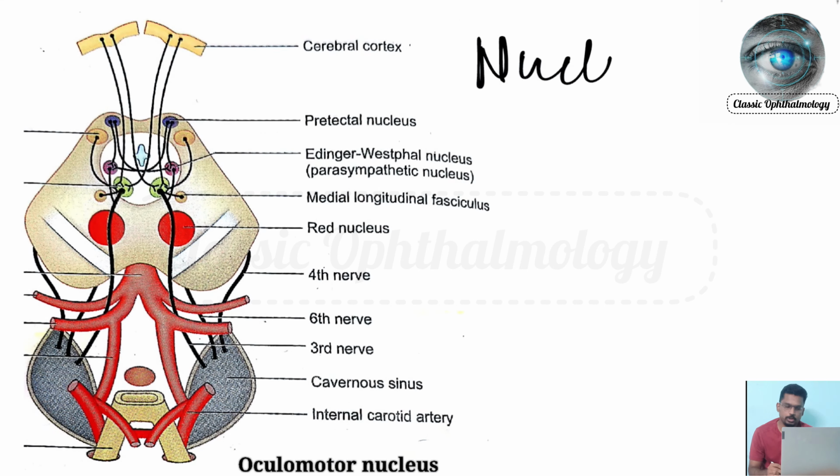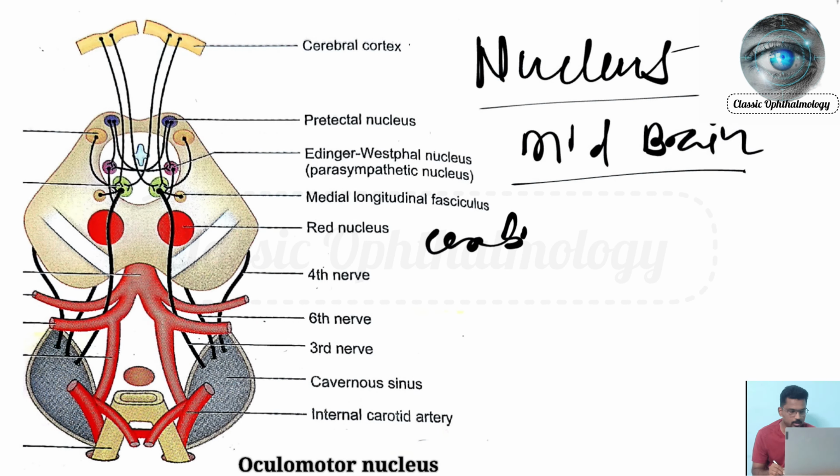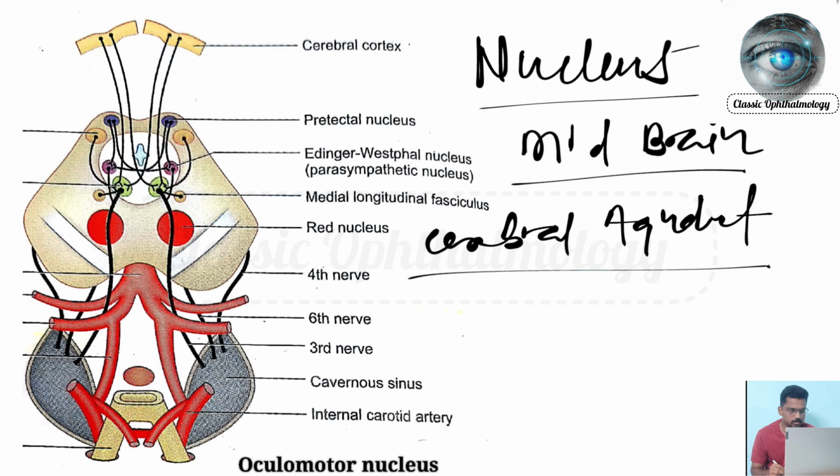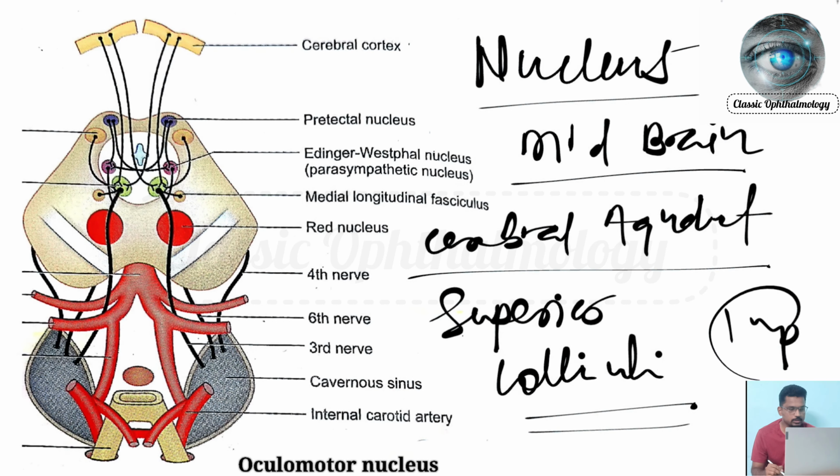Now the nucleus of the third nerve or oculomotor nerve is located in the midbrain. Remember this: it is located in the midbrain, it surrounds the cerebral aqueduct, and it lies at the level of the superior colliculus.